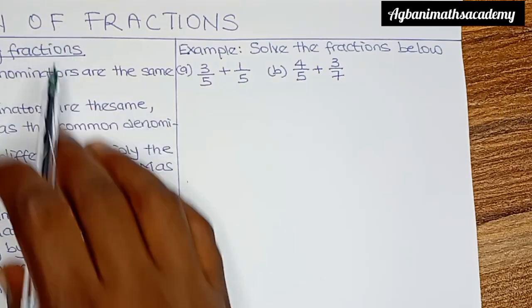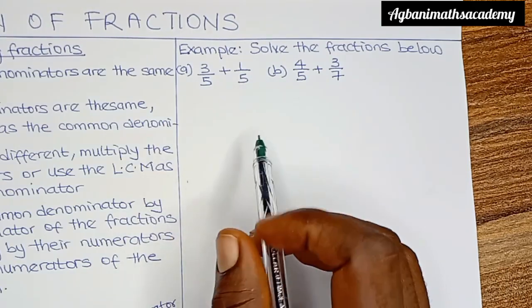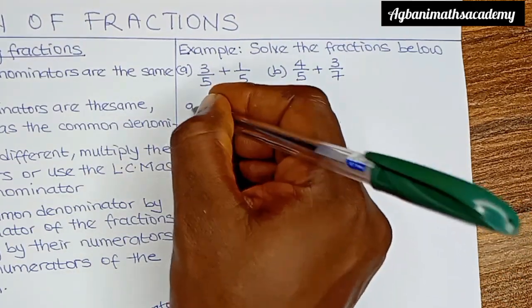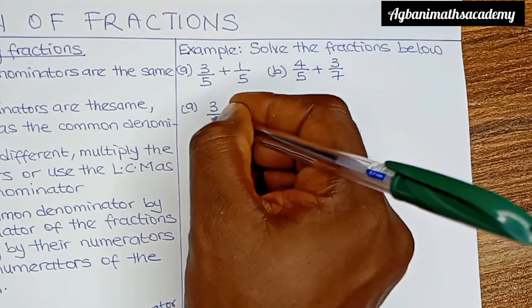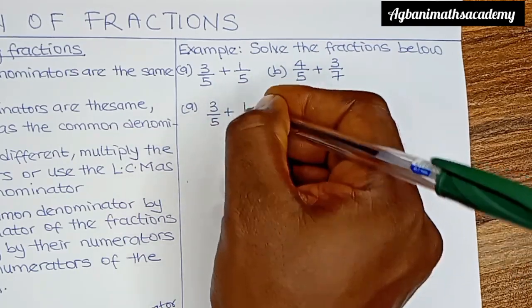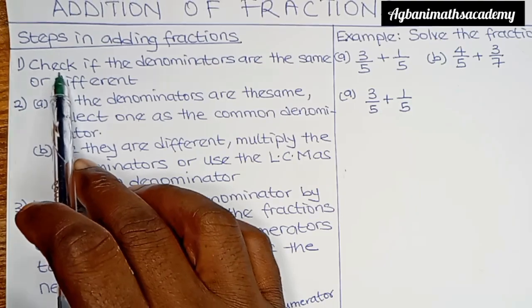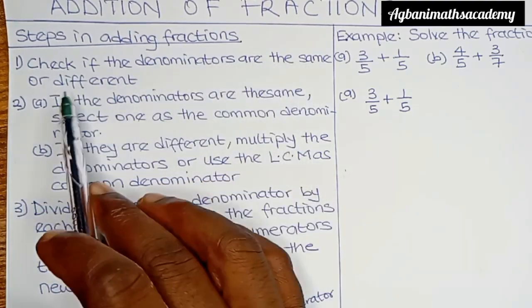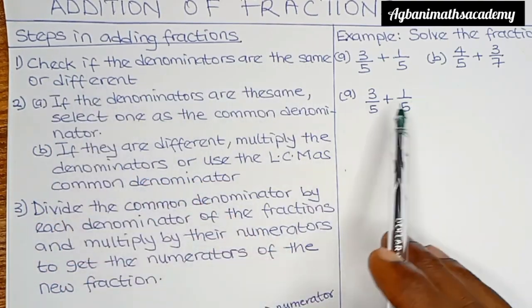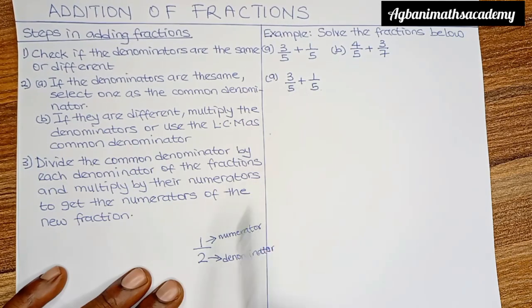So we're going to see how to follow these steps to solve these two problems. So let's look at the first one, A, 3 all over 5 plus 1 all over 5. So what is the first step? The first step says check if the denominators are the same or different. So these are the denominators. The number below is called denominator, okay?